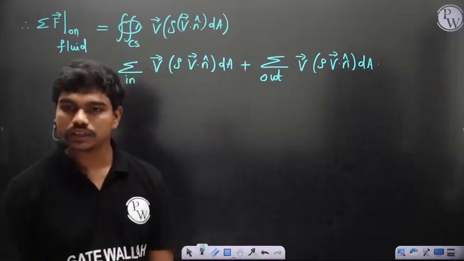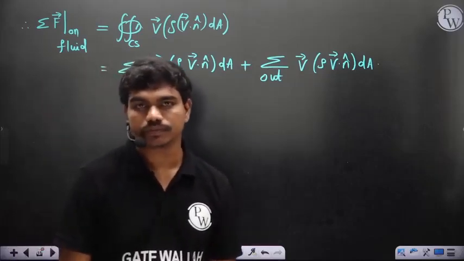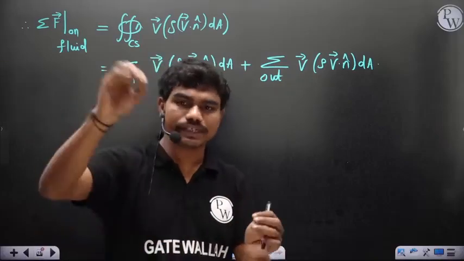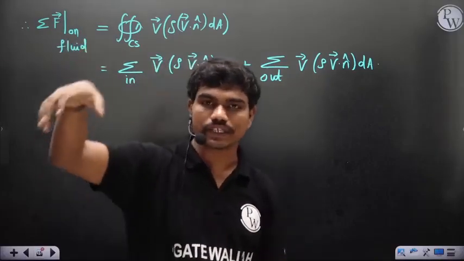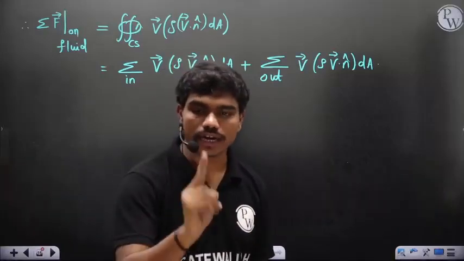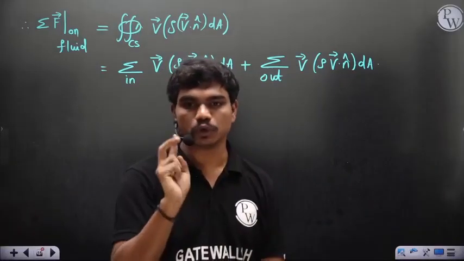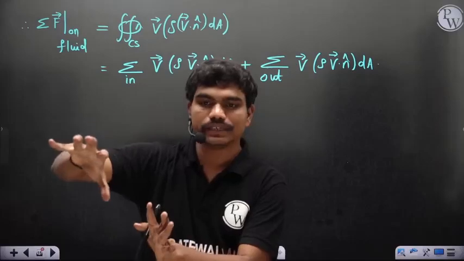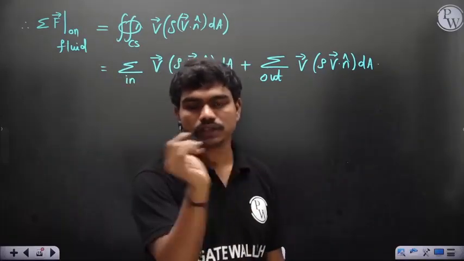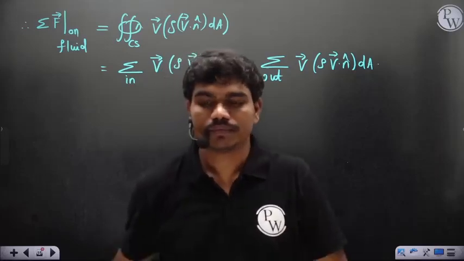Can I write it like this? Yes or no? Because this integral takes care of both inlet points, outlet points, wherever the fluid is cutting the control surface, at all those points it's taking care. So I can divide all points into two parts. One set of points where fluid is going inside the control volume, and one set of points where fluid is going out of the control volume. Yes.